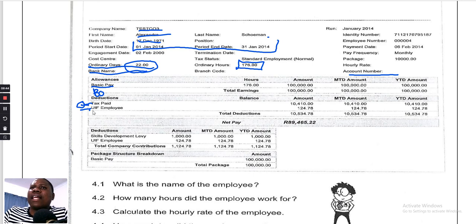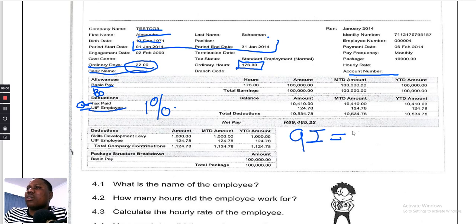Then this UIF is always calculated as 1% of the gross income. How do we calculate the gross income? Gross income, let me use GI, is equal to basic income plus any extra income.